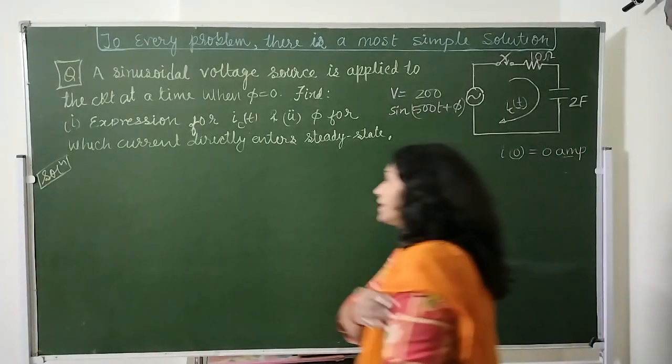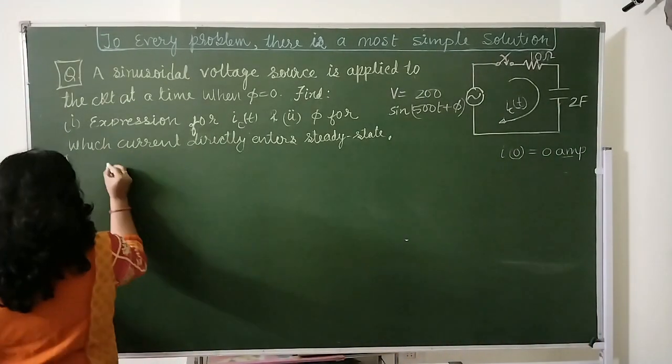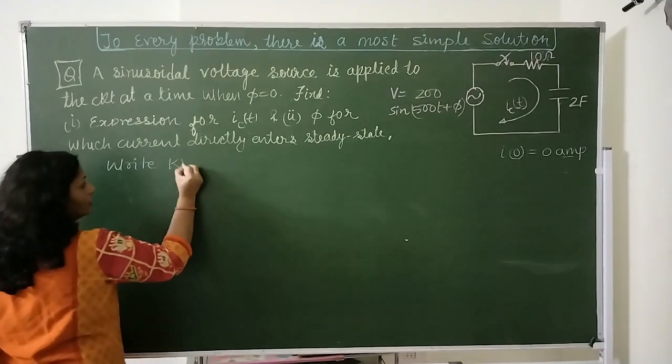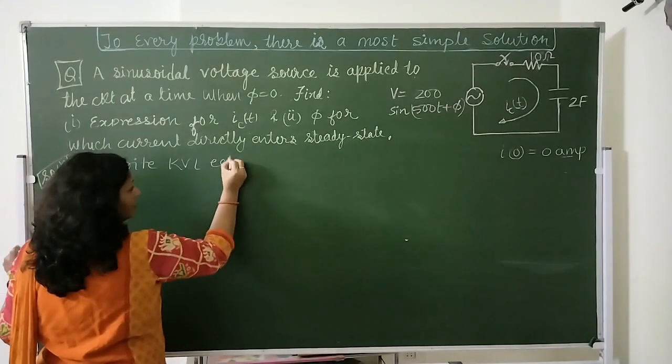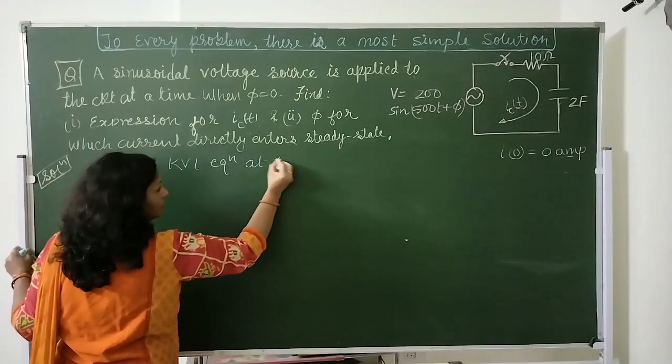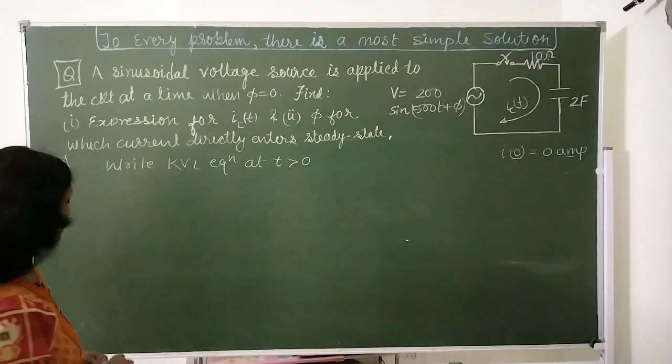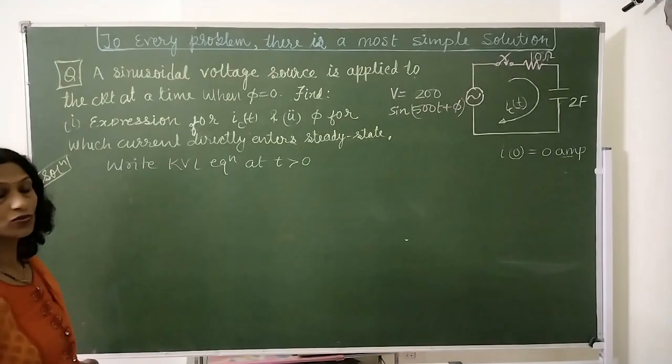Now we come to the next step, that is, write the KVL equation at time t greater than 0, when this signal is applied and the switch is closed.